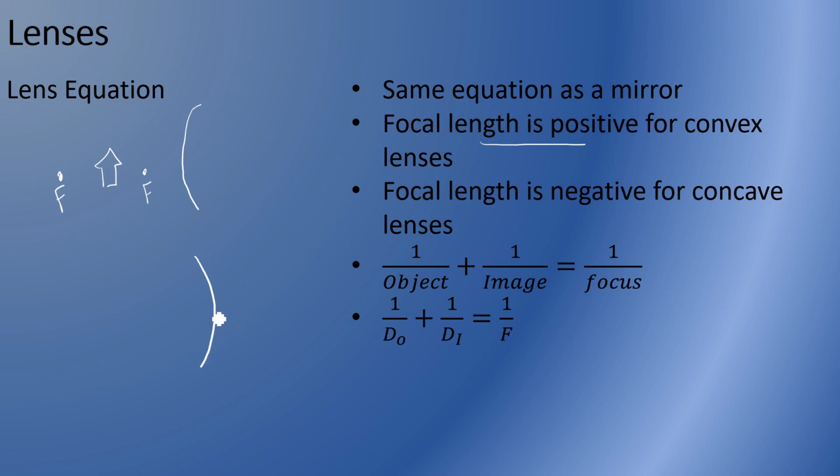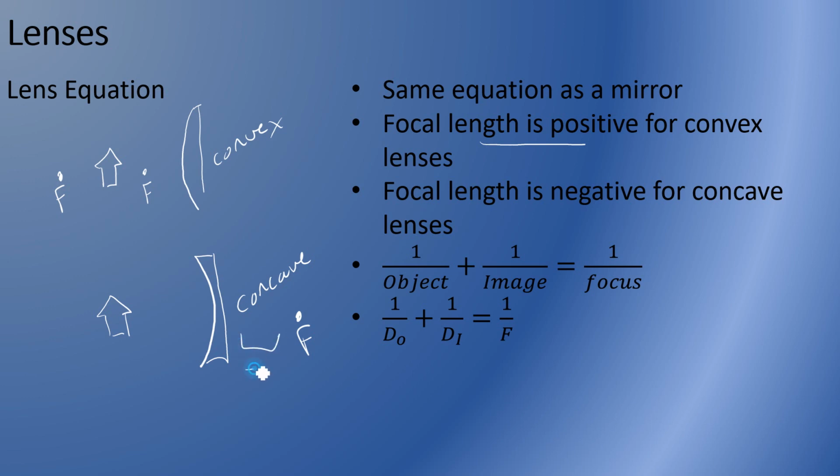And for the convex lens, if our object is right here, so this is convex, and this is concave. So for the concave lens, it's negative, meaning that it is then behind the lens somewhere.